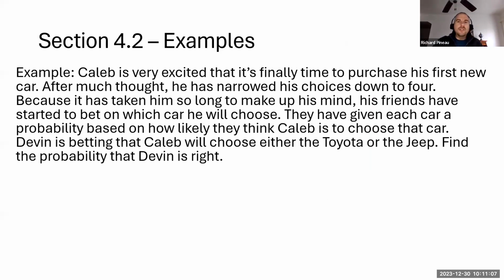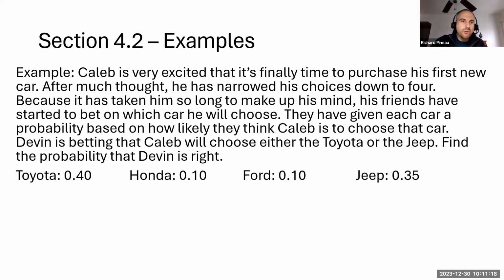So let's see if we can make some sense of this. Caleb is purchasing a brand new car, and his friends have some debate on the type of model that he's going to choose. These are the probabilities for each of the 4 makes. The question that we're being asked here is that Devin is betting that Caleb will choose either the Toyota or the Jeep.